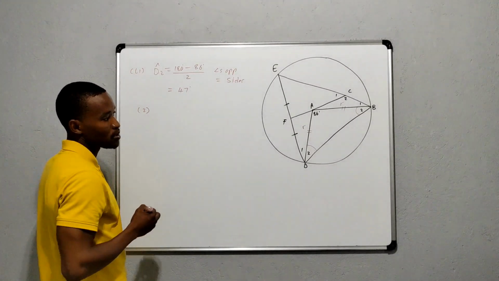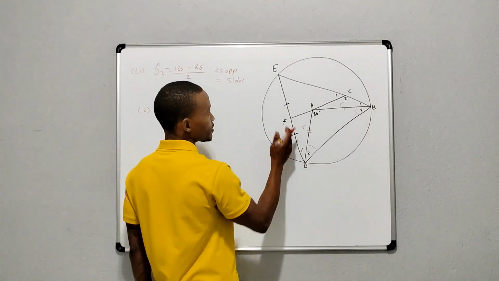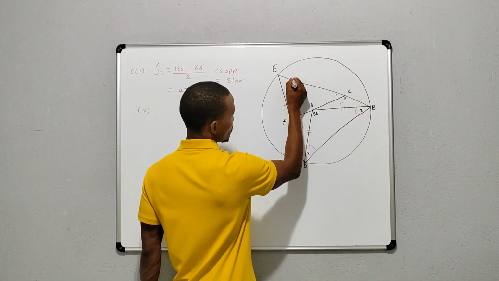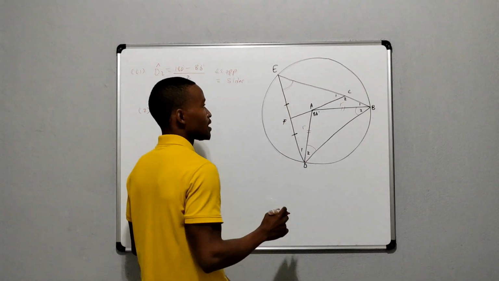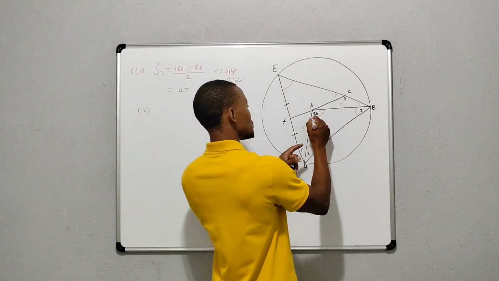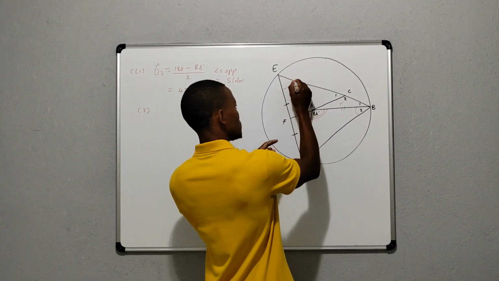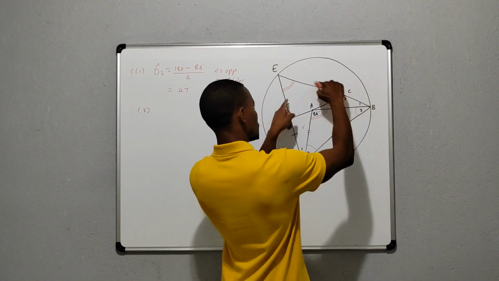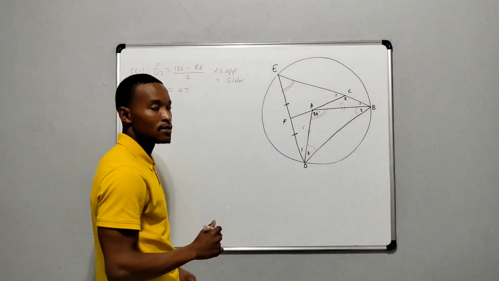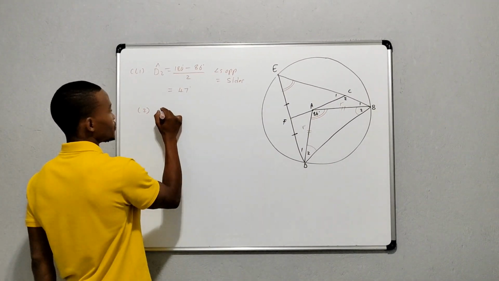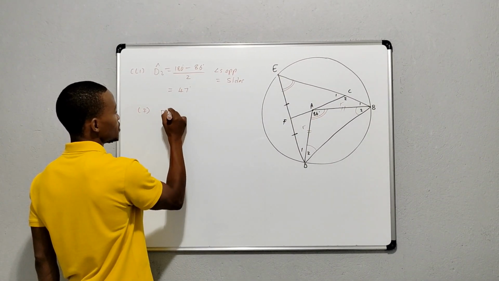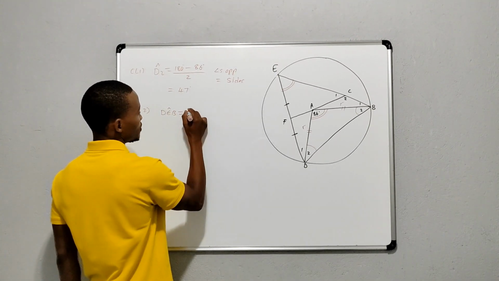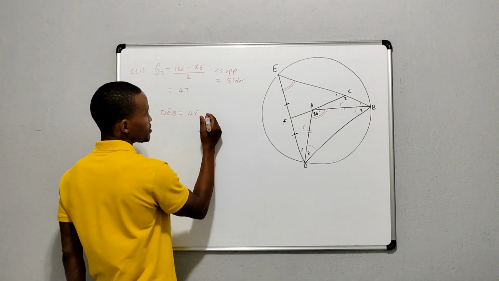What about C2? We're asked to calculate angle DEB. So DEB is an angle at the circumference. Is it associated to that? Yes, angle at center. Angle at center is equal to 2 times angle at circumference. So definitely angle DEB will then be 43 degrees.